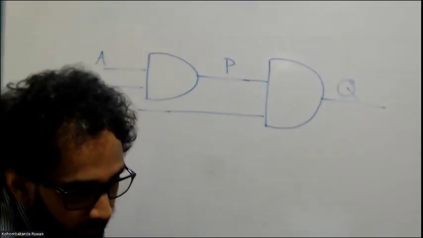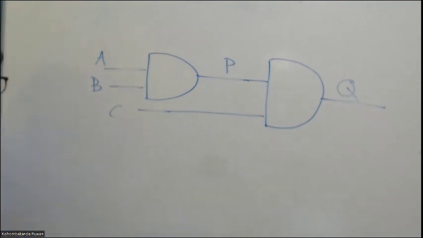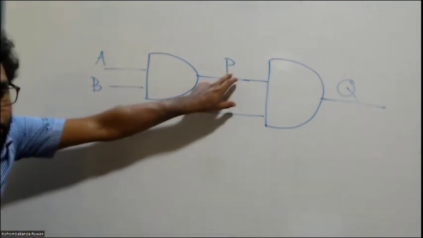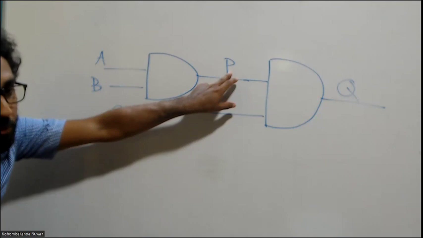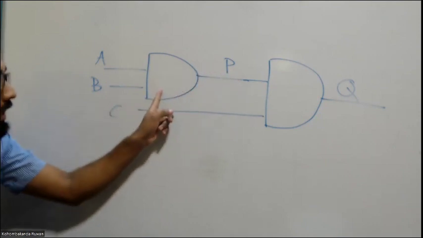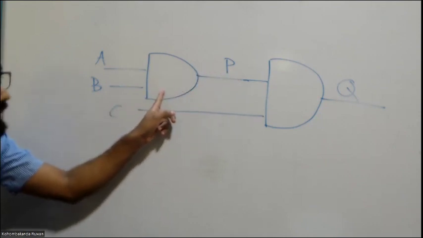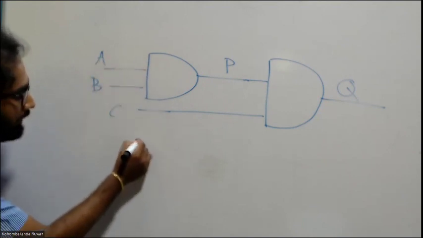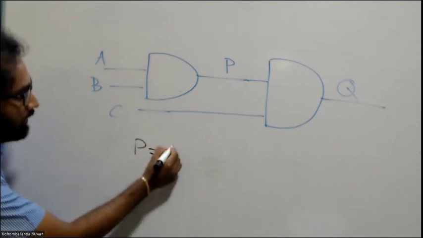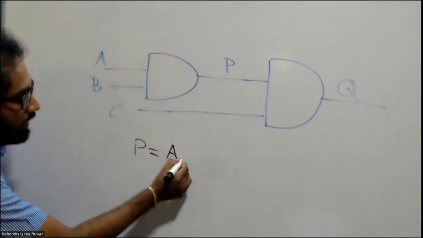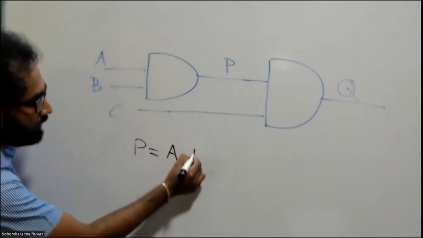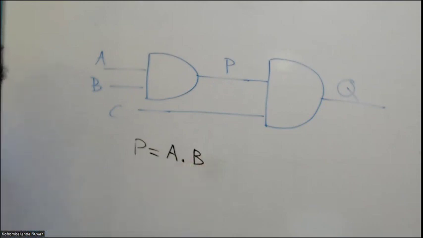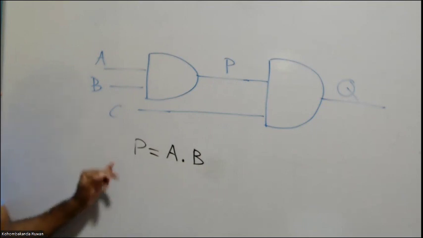The first question is to write down P, the output of the AND logic gate for inputs A and B. That means P equals A and B. That is the first answer.